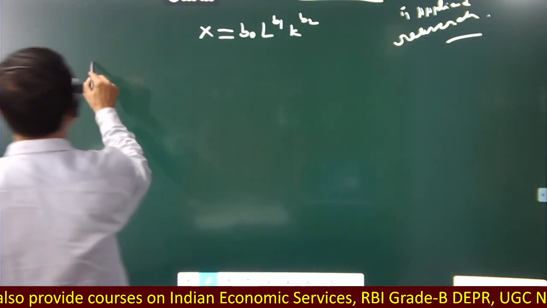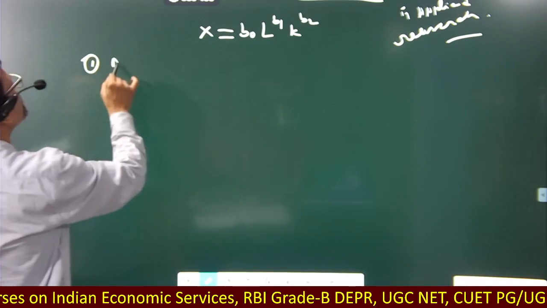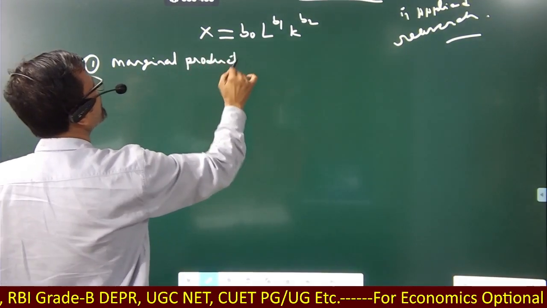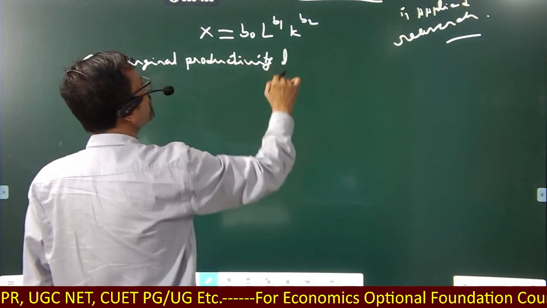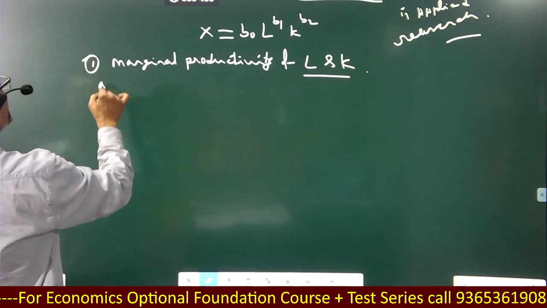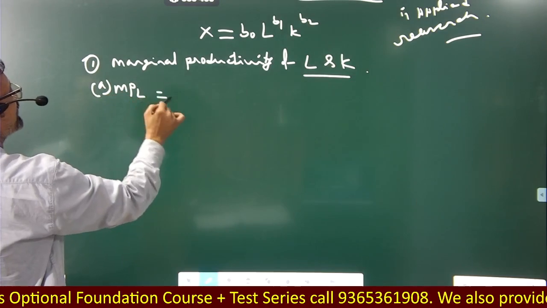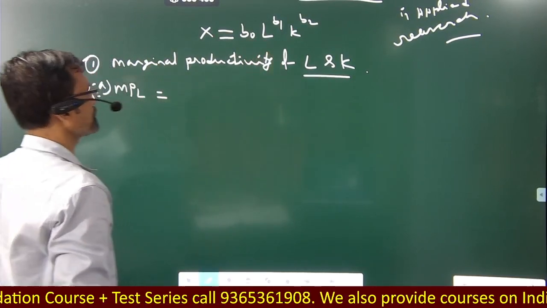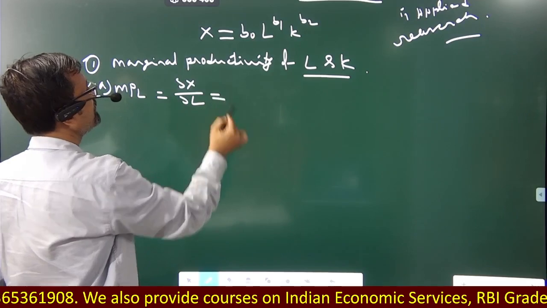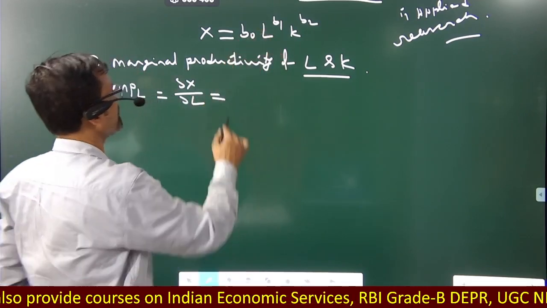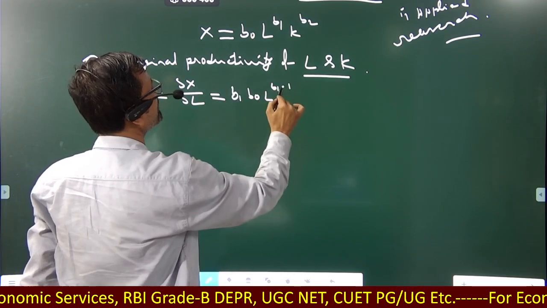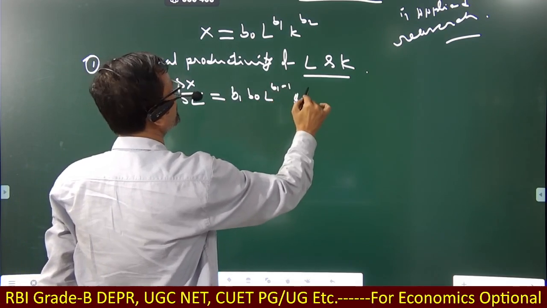So, number one, we need to find out the marginal productivity of labor and capital. Now, see, marginal productivity of labor: we simply differentiate the production function with respect to labor, that is del X by del L. When we simplify, B1 comes down: B1 B naught L to the power B1 minus 1 and K to the power B2.